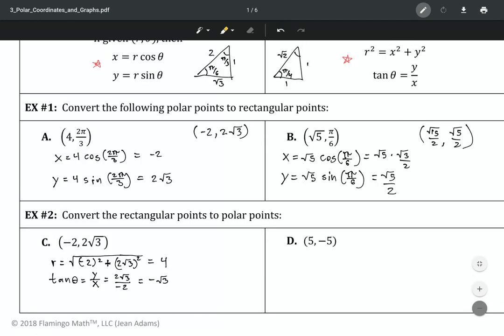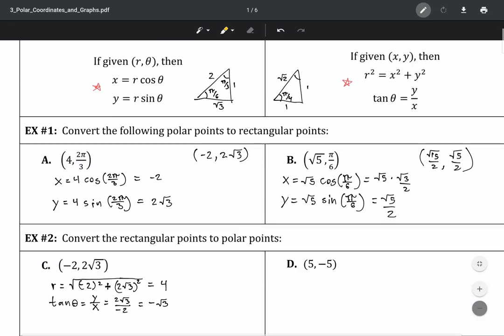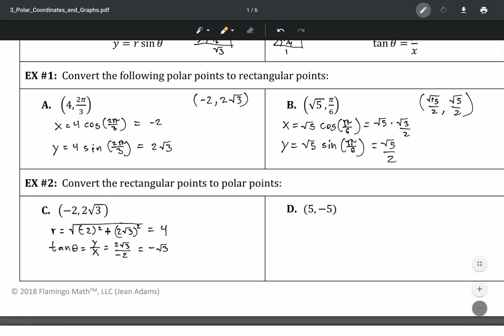If we look up here, the tangent would be, opposite over adjacent, so this would be pi over 3.